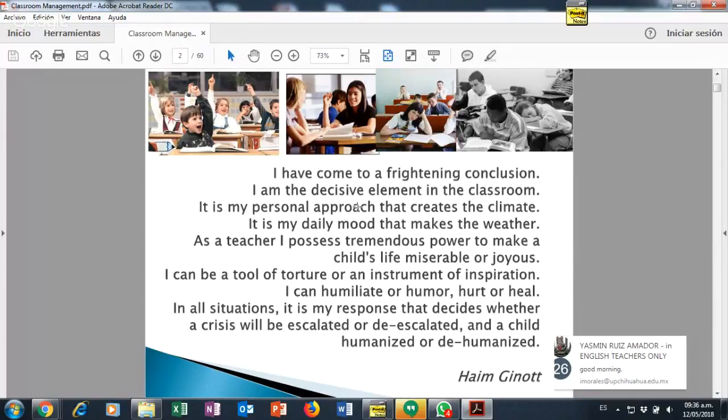Very good. Okay, it says I can humiliate or humor, hurt or heal. I show this to my students because I tell them, my intention is never to humiliate you. As a matter of fact, in the classroom we have minutas, classroom rules that we base on a document.